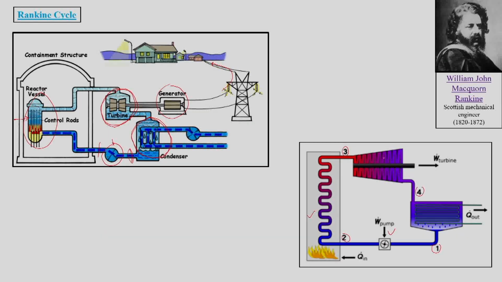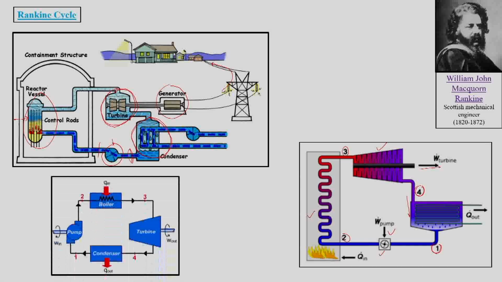Then process 3 to 4 is in the turbine, which leads to expansion of the steam, and this is a work producing process, where the turbine has some work output, contrary to the pump, which is a work absorbing unit. Then process 4 to 1 takes place in the condenser, where the condenser takes away the heat so that the steam becomes liquid water. So, this is a schematic of the Rankine cycle.